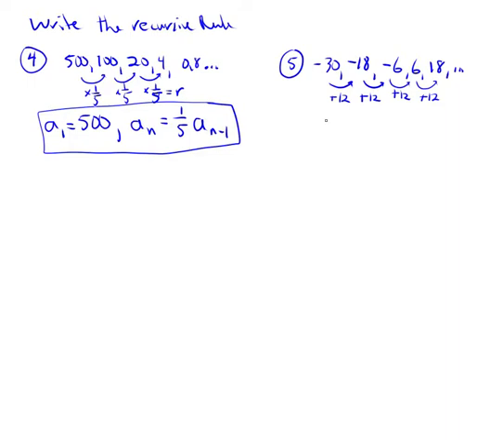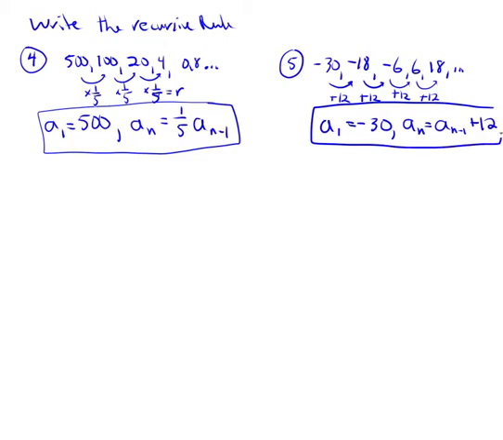To write the recursive rule, we'll start with the first term, -30, and we have a sub n equals, and then we'll start with the term a sub n minus 1, the term before, and we will add that difference to it. And then there is our recursive rule.